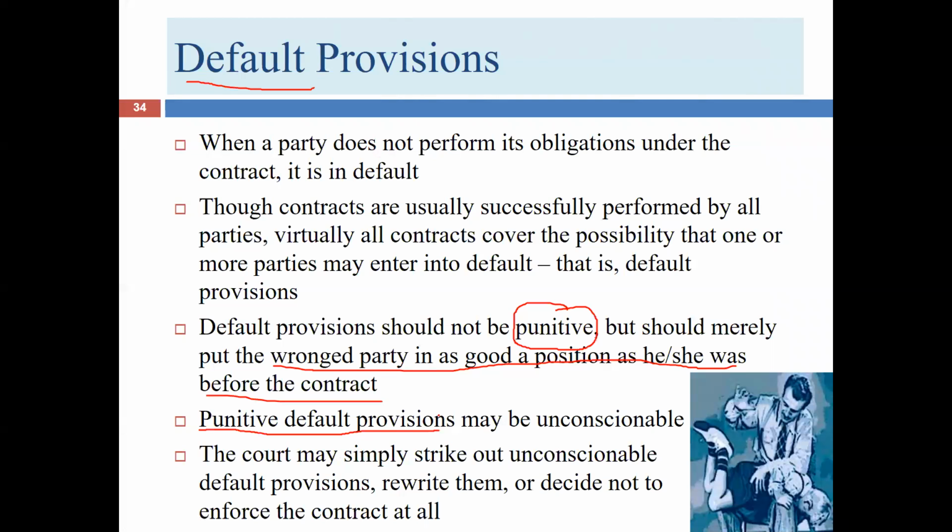Now, this can be tricky because nobody has a crystal ball. They don't know exactly how things are going to play out. And so, hindsight is always 20/20 vision. And so things that when you were drafting it might have seemed fair and reasonable, in the actual way the facts play out, they may come across later on as being punitive or unconscionable.